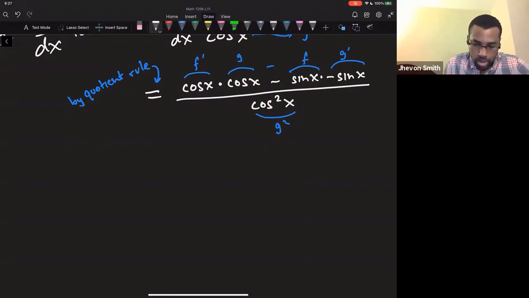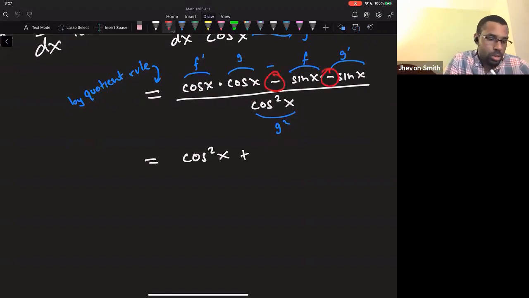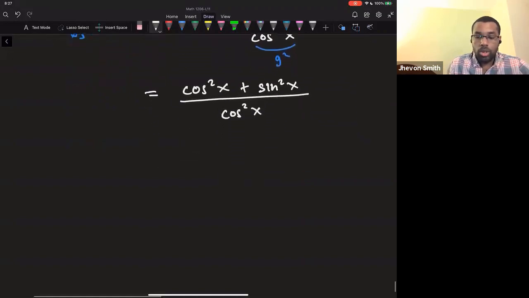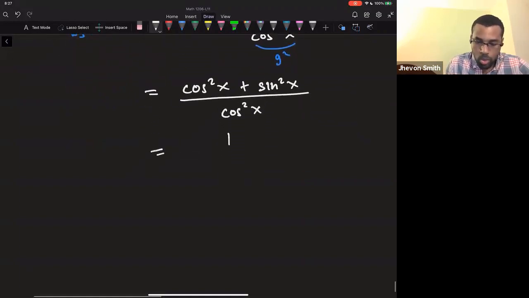Okay, so what this is of course cosine squared here, plus, because of the minus times the minus in the second term, there's a minus times a minus here. So that becomes a plus sine squared all over cosine squared. So of course, we remember that cosine squared plus sine squared is 1.